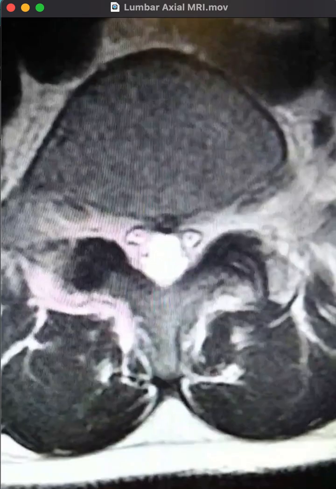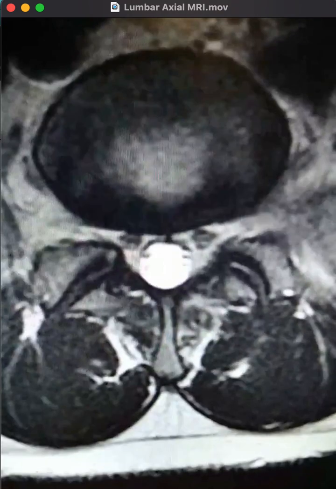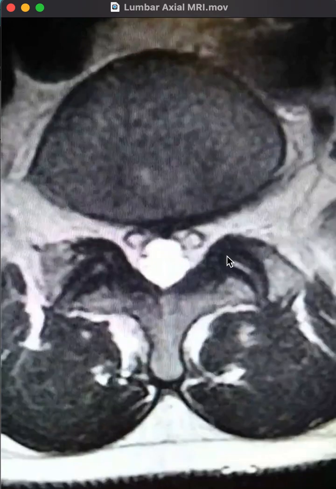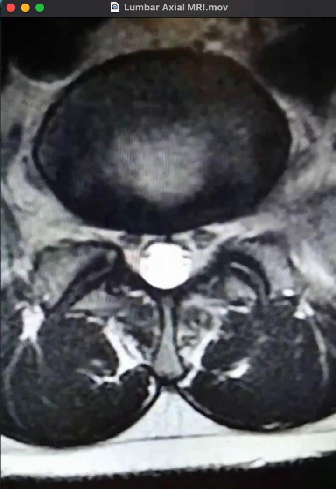As I start to move further up, it's a different type of change here where there's less triangle, but you can see the shape of the disc can also affect the canal. Moving a little bit further up, you can see it starts to get a little bit flatter right about here. And so the canal, again, takes a different shape, but overall, pretty good diameter.